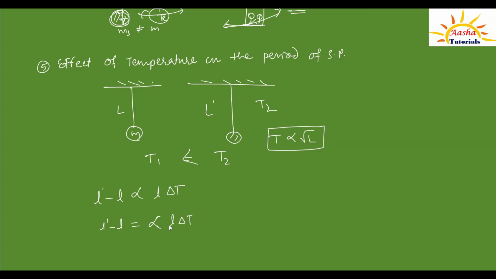So here if I take minus L to this side, then L dash would be equal to L plus alpha L delta T. Taking L common, L dash is equal to L in bracket 1 plus alpha delta T, and if I take L to this side, then I get L dash upon L is equal to 1 plus alpha delta T.